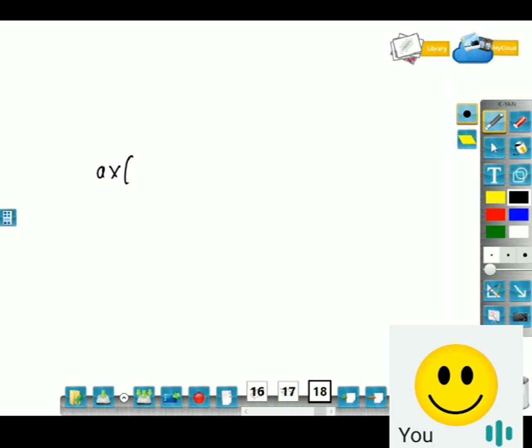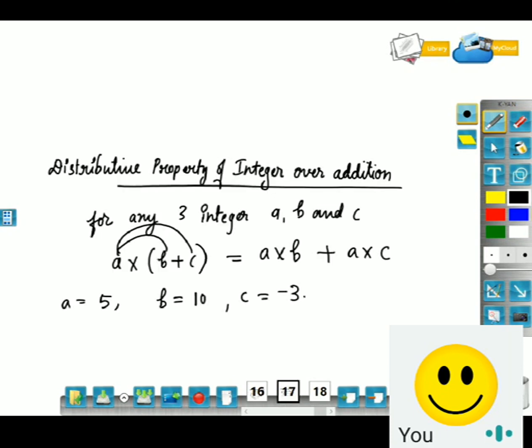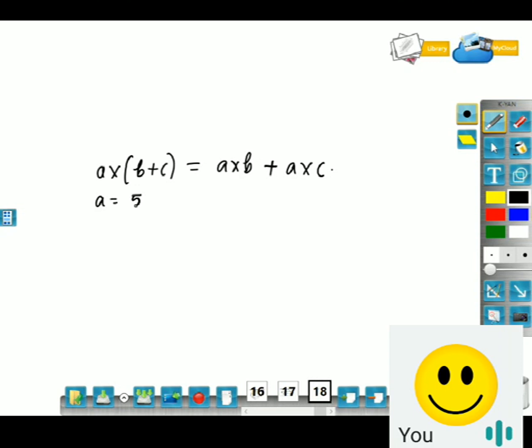Our equation was A into (B plus C) is equal to A into B plus A into C. The values are A is equal to 5, B is equal to 10 and C is equal to -3. So all of you check what answers you are getting on the LHS and RHS.